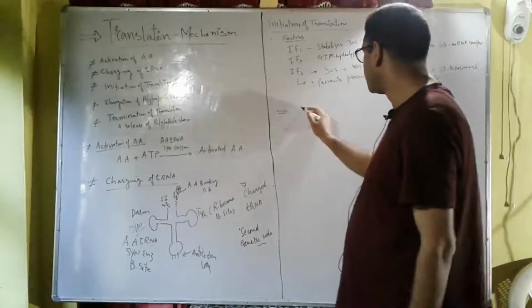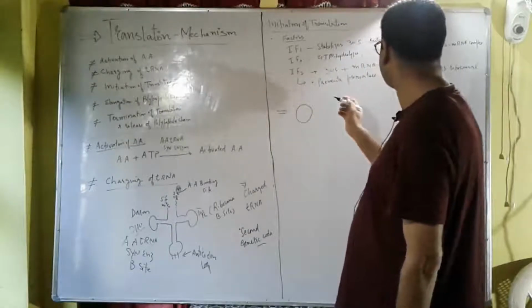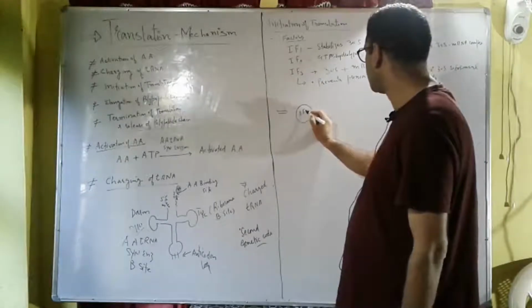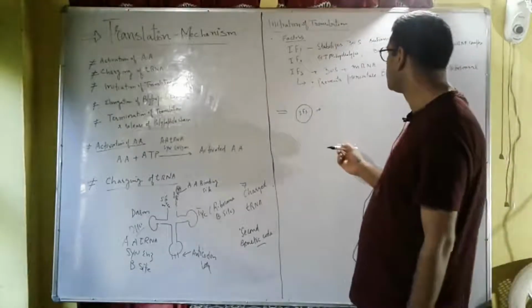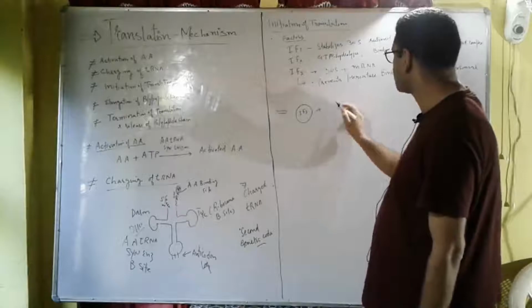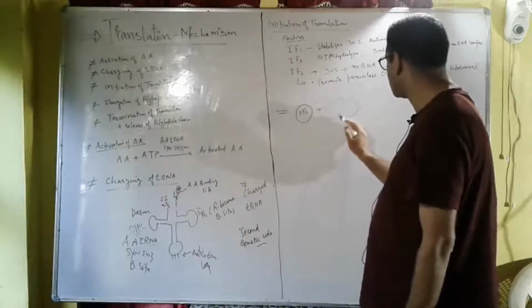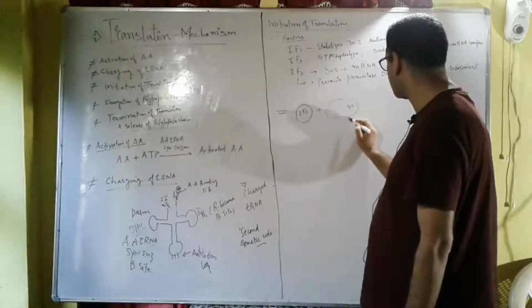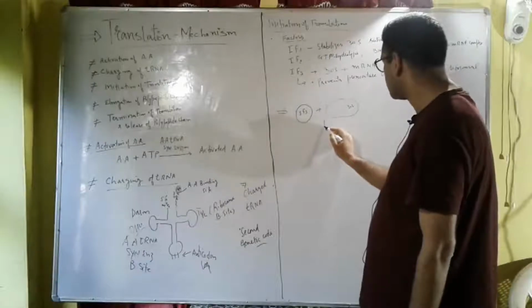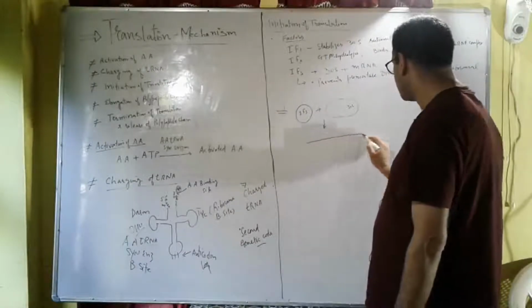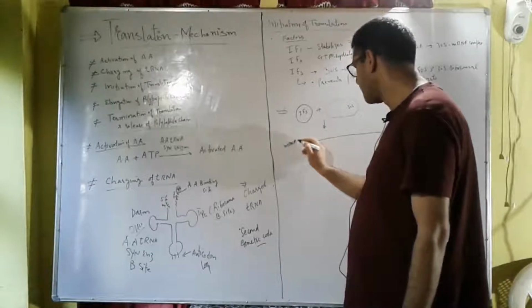We have initiation factor third, which binds to the 30S ribosomal subunit, that means the small subunit of ribosome, and this complex then binds to mRNA.